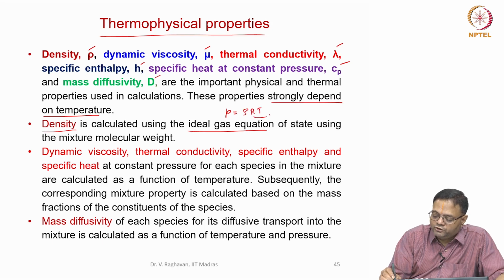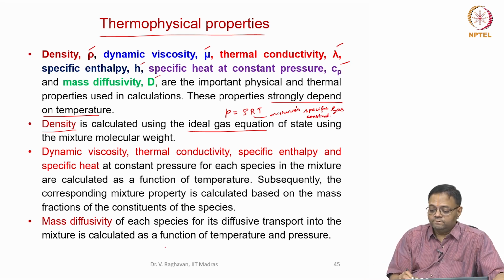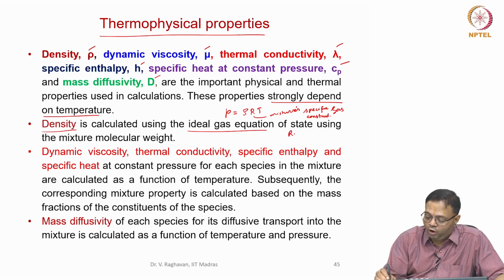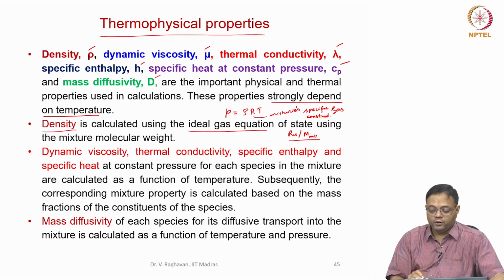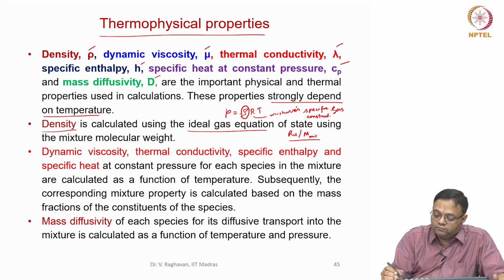R is the mixture's specific gas constant, which is obtained as Ru divided by the molecular weight of the mixture. That is the way you can calculate the mixture's density directly.